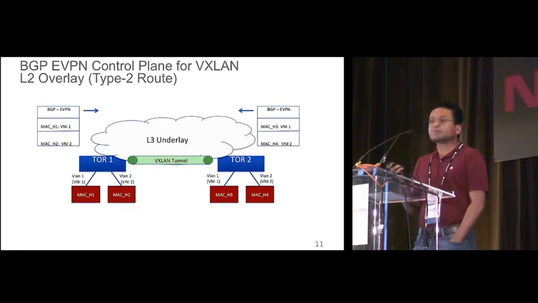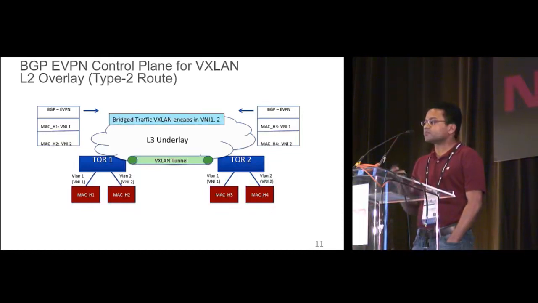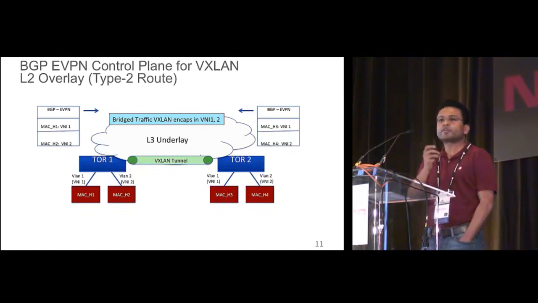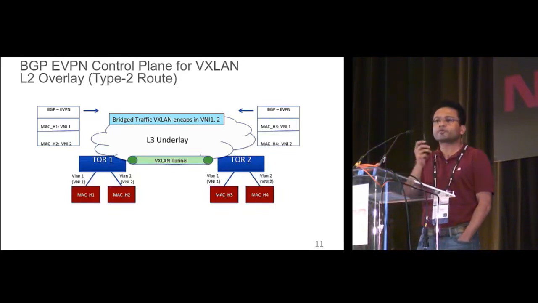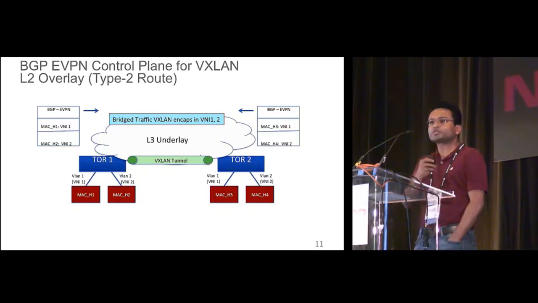Finally, this sets up a VXLAN tunnel between the TORs, and this is how the bridged traffic with VXLAN encaps of VNI 1 and VNI 2 flows over this VXLAN tunnel. The only limitation is that a host on VLAN 1 can only talk to hosts on VLAN 1 on the remote TOR. You cannot talk from VLAN 1 to VLAN 2. It has to be on the same VLAN because it's an L2 extension, right?